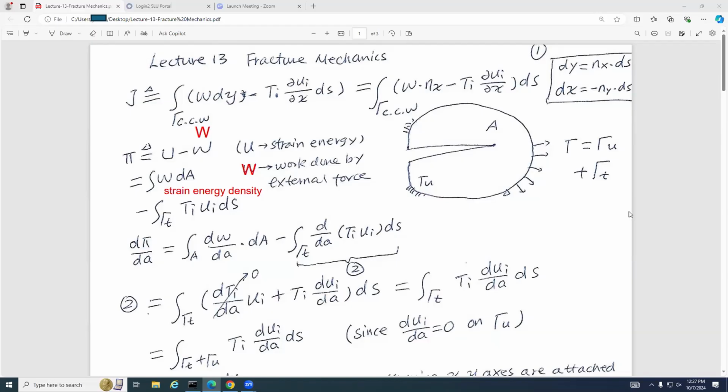That's the reason. This integration is only valid for gamma t. For gamma u there is no traction, which means the traction is 0, so everything goes to 0. Any questions from this one to this? No questions, then we just move forward.